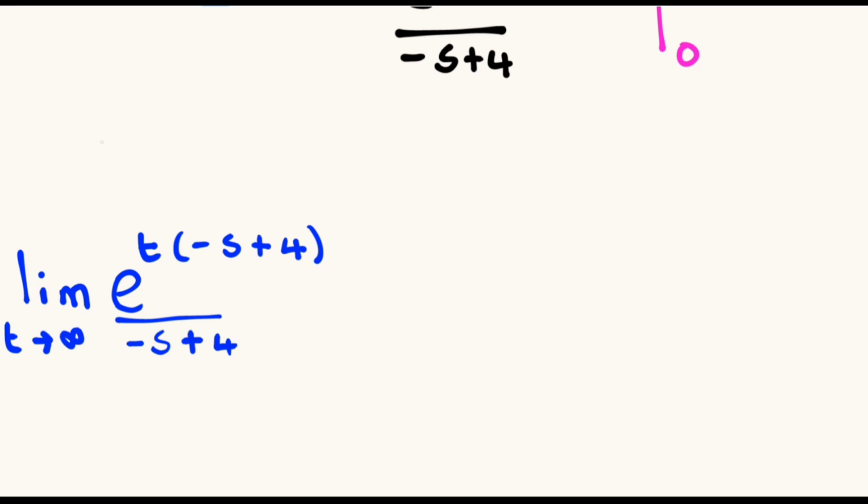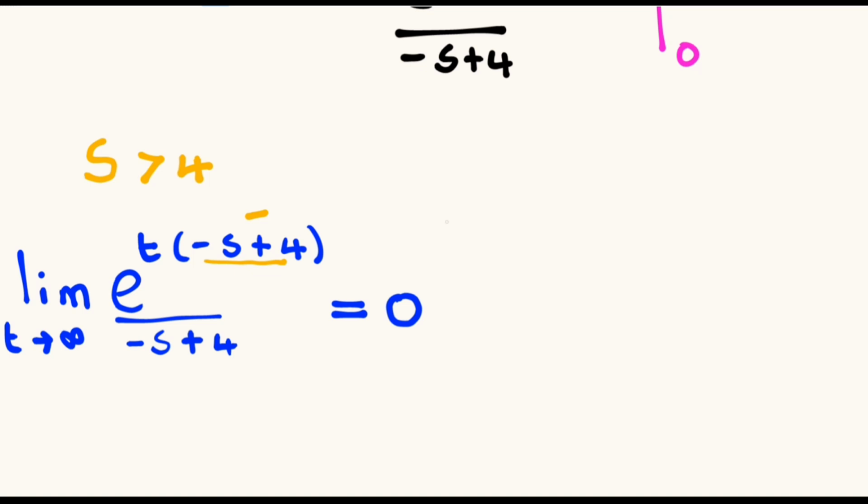In order to ensure convergence, the s must be greater than 4, and if the s is greater than 4, the part which is inside the parenthesis will always be negative. So if that part is always negative, then our limit will be equal to 0.